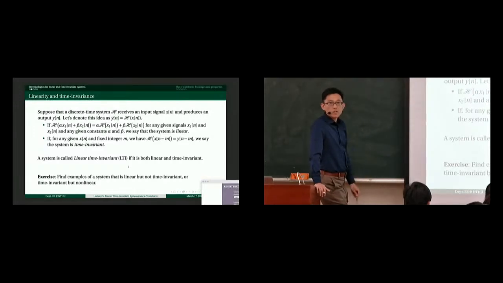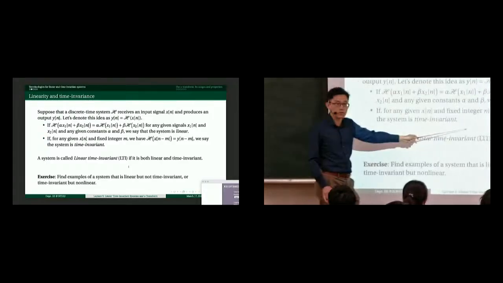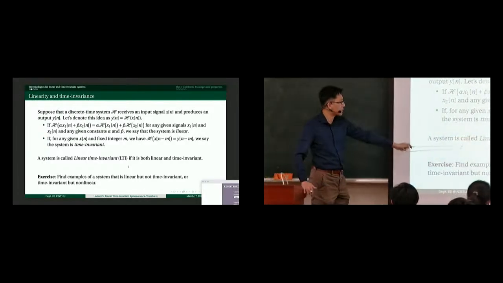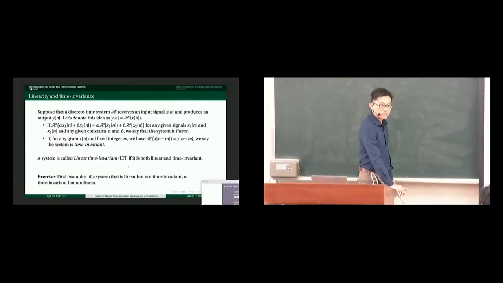It's just shifted the same amount of time. Okay? And such are the two properties that I will now introduce. Now, naturally, if a system is both linear and time invariant, two properties, then we call the system linear time invariant, or LTI. Okay, is that clear? Yeah?